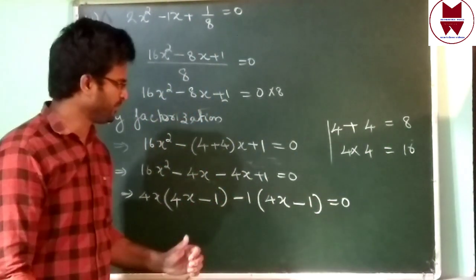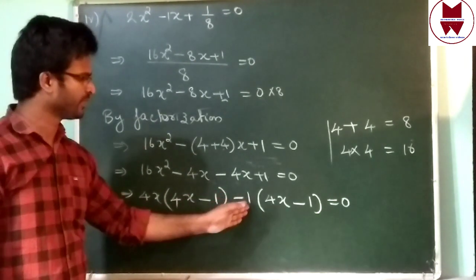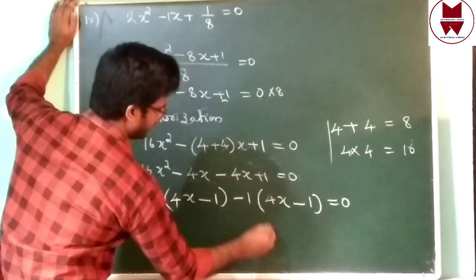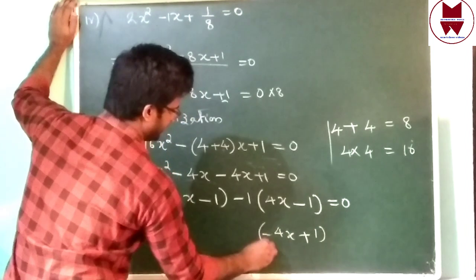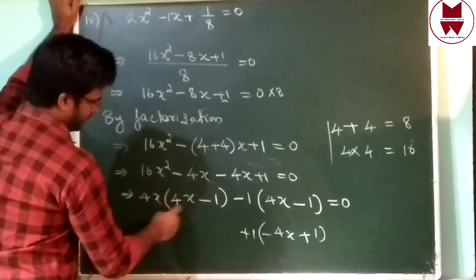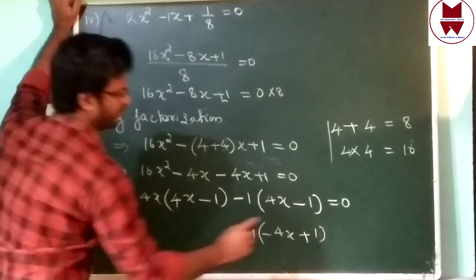Then keep in mind why I took minus 1 outside. If I take 1 outside means what you will get? You will get this in here minus 4x, in here plus 1, like that. If I take plus 1 outside means that time in here 4x minus 1, in second term minus 4x plus 1.